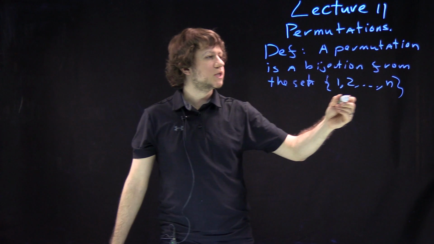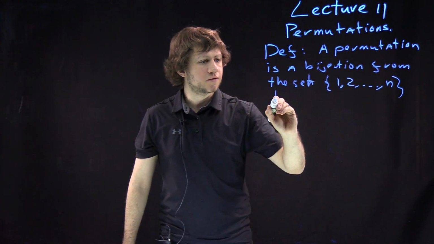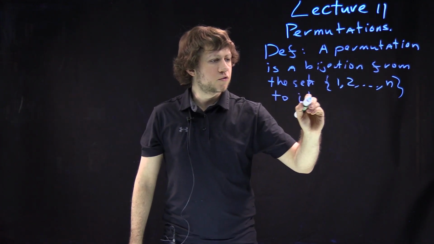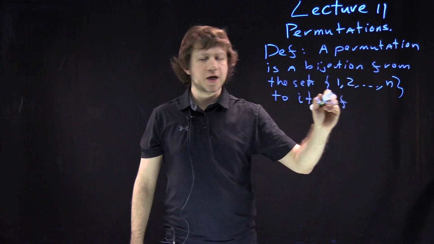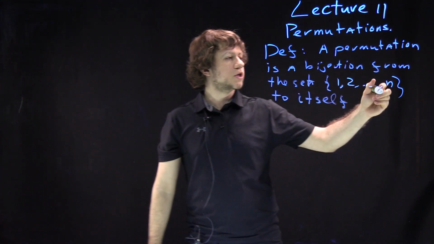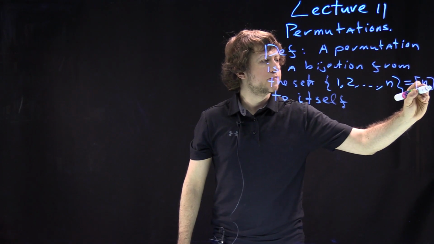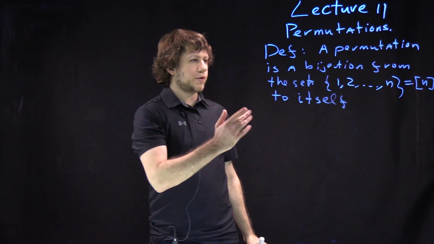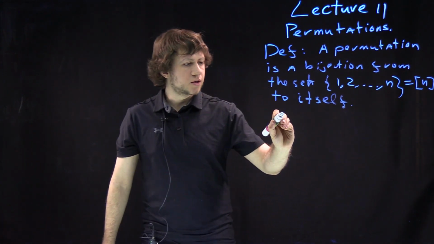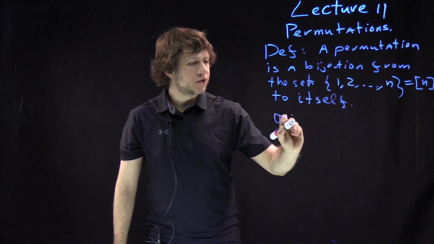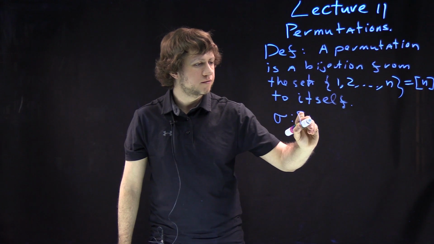This is just a set with n elements, to itself. Of course it is not important how we label the elements, it is just important how many of them we have, and usually people denote this set by [n] in brackets. So a typical example of a permutation is a map from the set [n] to itself.